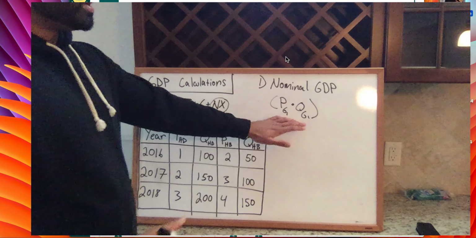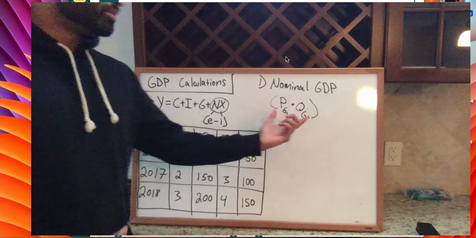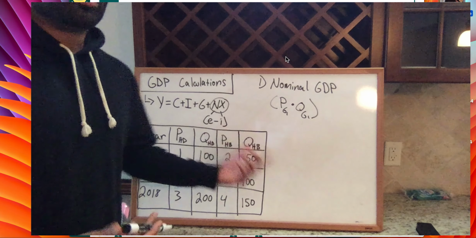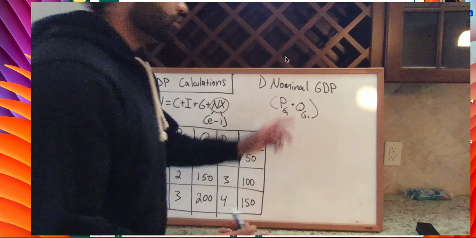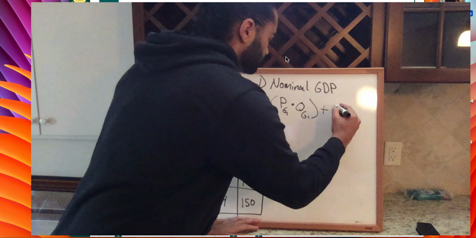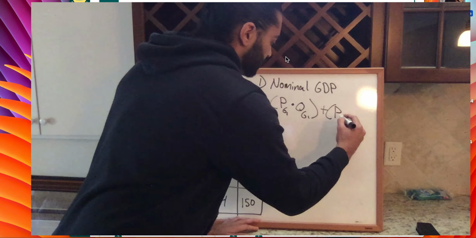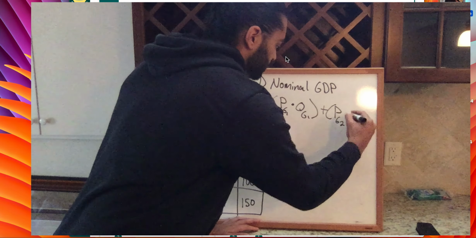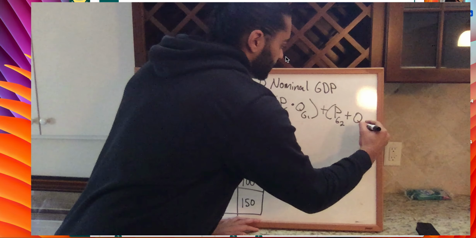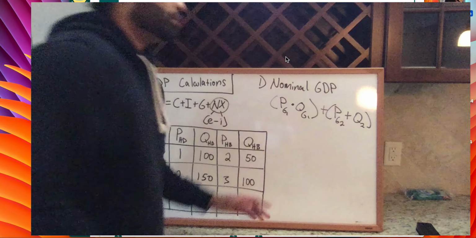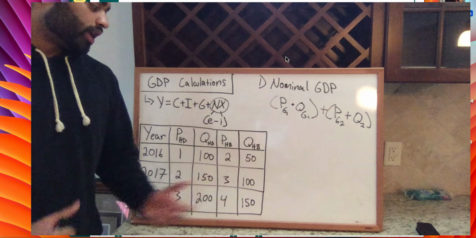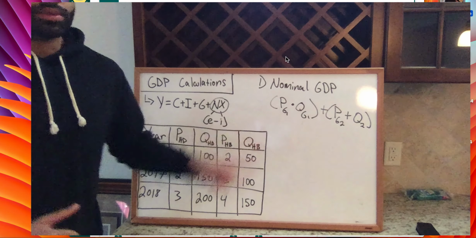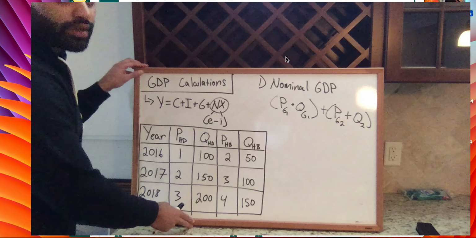Now you're going to do this for as many products as you have. Here we have two products, hot dogs and hamburgers, so we're only going to do two of these. Now it's going to be plus the price of good 2 times the quantity of good 2. We could do this for an endless number of products, but in this case we're only looking at 2. This is just to make it much simpler.